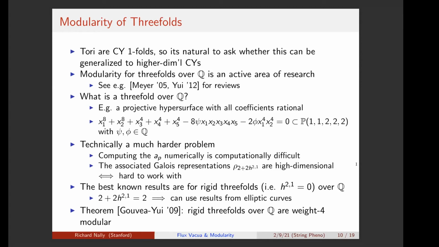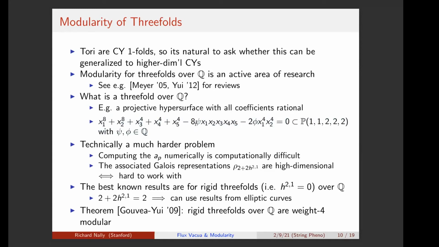So if I should tell you something about the modularity of threefolds over Q, I should tell you what a threefold over Q is. And so the examples in this talk are going to be of the form of projective hypersurface, where I pick all of my coefficients to be rational. So there is a Calabi-Yau threefold in weighted projective space 1, 1, 2, 2, 2. It's defined as the zero locus of this polynomial.